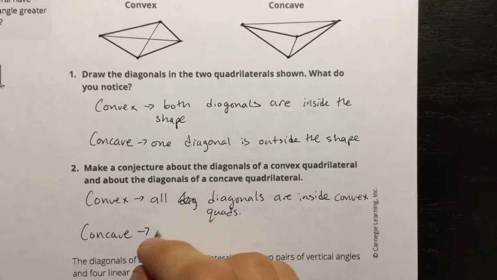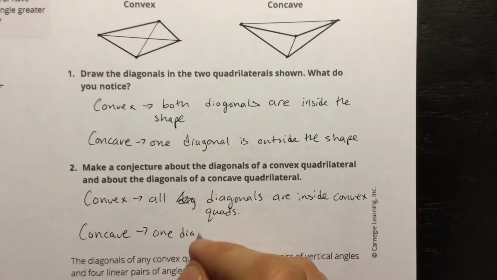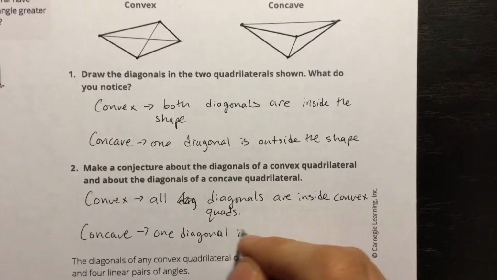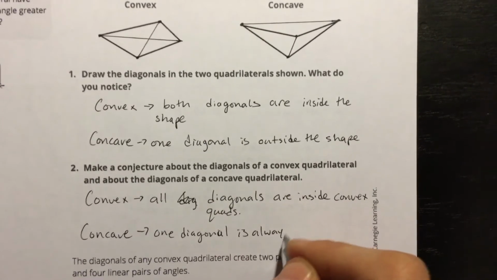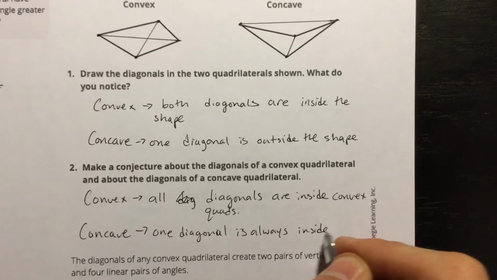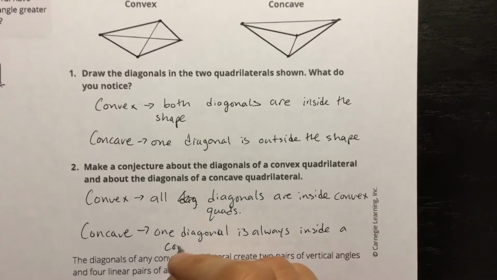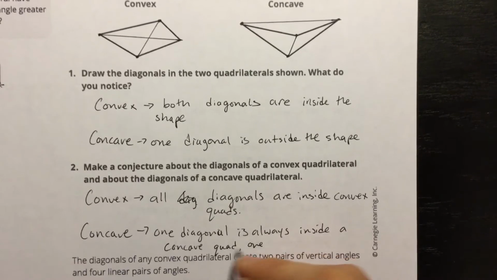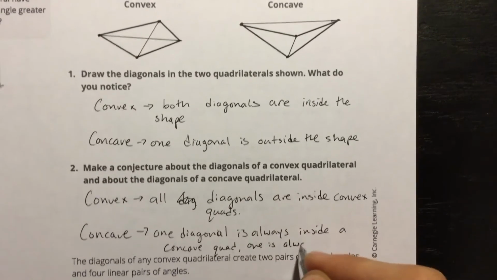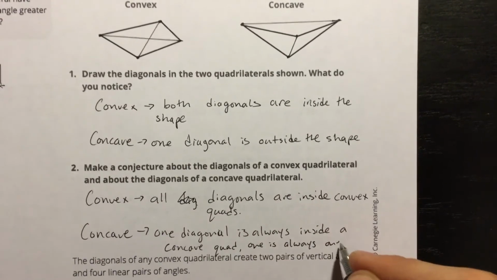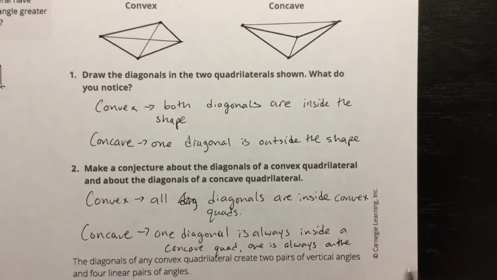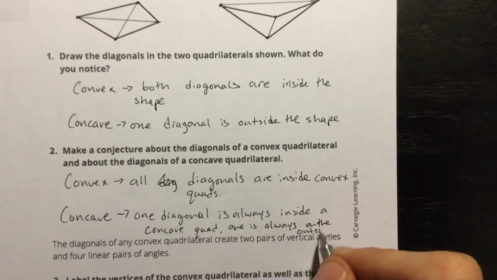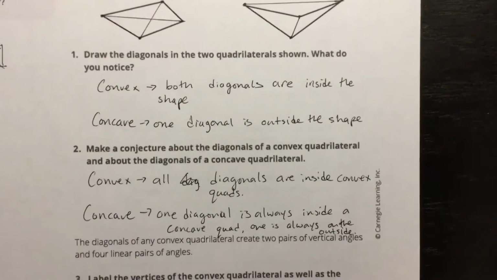So for concave, I would say one diagonal is always inside a concave quad, and one is always on the outside.